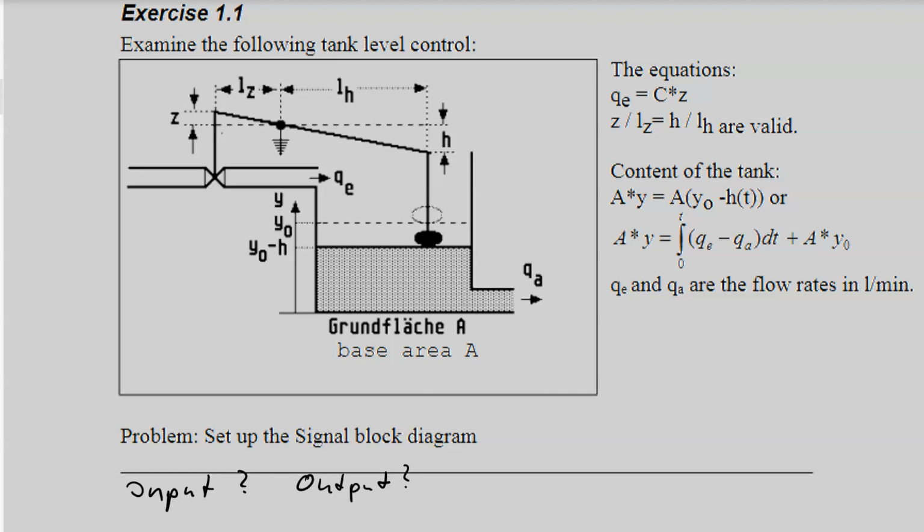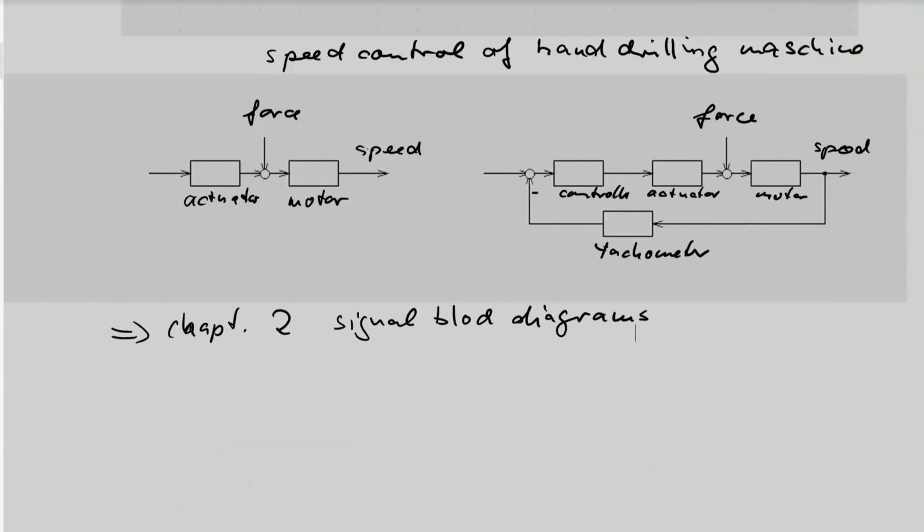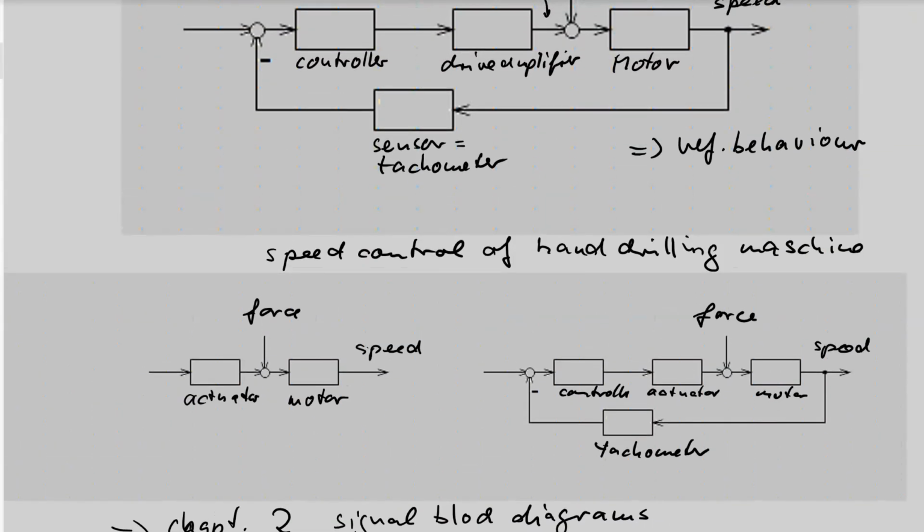normally the first answer is output is this QA. That is of course the output of water, but not the output of my dynamical system. For the output we can very simply say, output of a control system. This is a control system. It is that what is controlled, if you go back to lecture number 1, this is my output which is controlled.